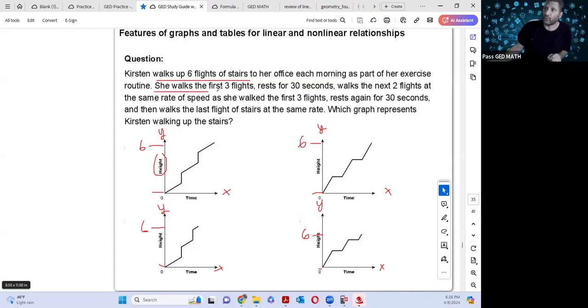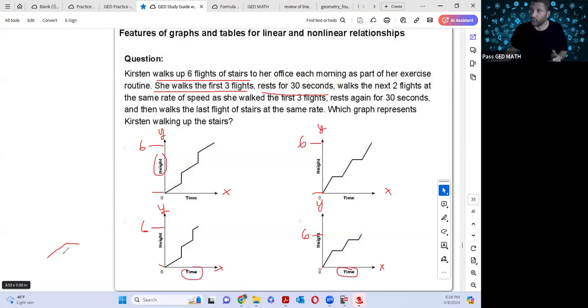She walks the first 3 flights of stairs, rests for 30 seconds. So listen to what happens. I'm walking up the stairs. I rest. The time does not stop. So when it tells you it rests, your x-axis is your time.